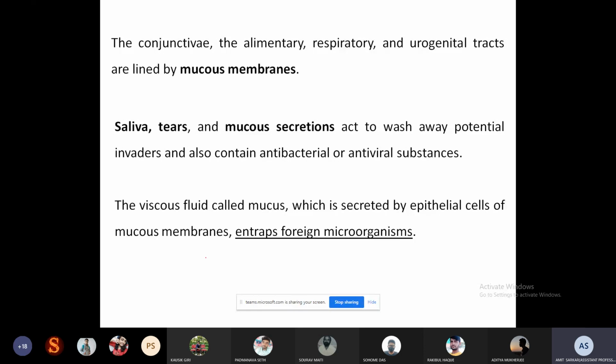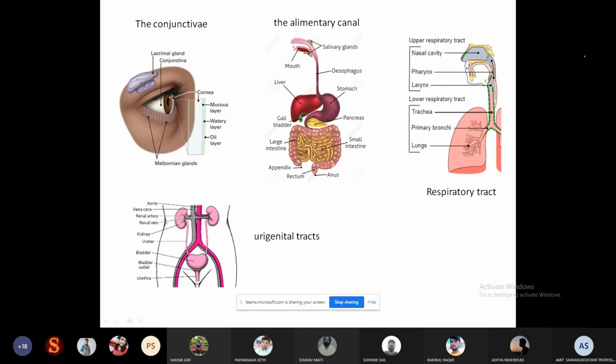Let's take an example. Some microbes have entered through food into the food pipe. Then what will the mucous membrane do? The entire pipe is full of mucus. The mucus will wash them away to the stomach. Most of the time, 90% of the bacteria or other microorganisms will die in the stomach because of the very high acidity.